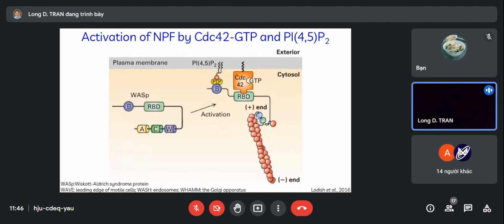So compare formin and the Arp2/3 complex. Formin facilitates the polymerization of actin at the plus end, while the Arp2/3 complex serves as the nucleus and promotes formation of actin from the minus end.